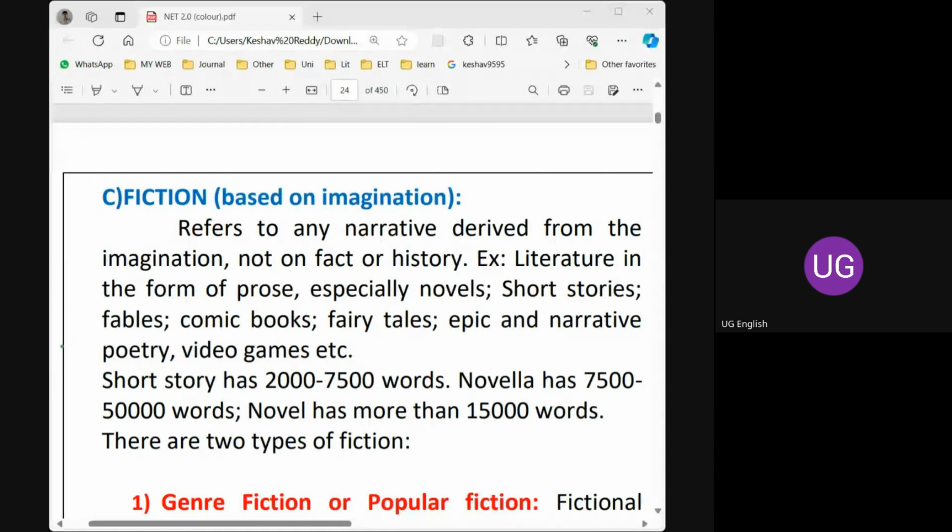Later, from poetry, the drama has emerged, and in drama, two types of literary genres are used. One is the poetry, and the other one is the prose. And we discussed it in the previous class also.